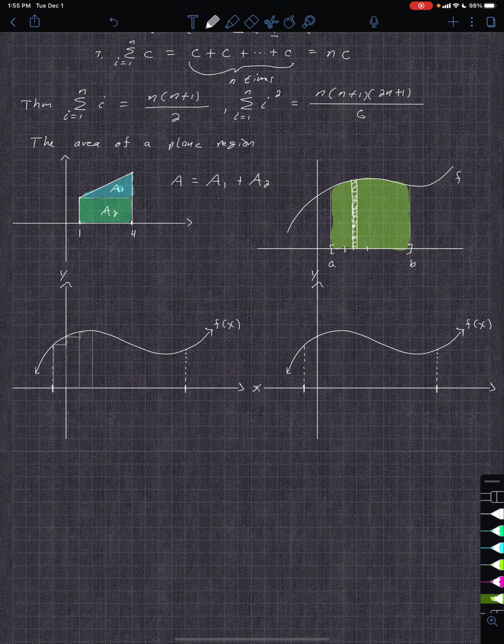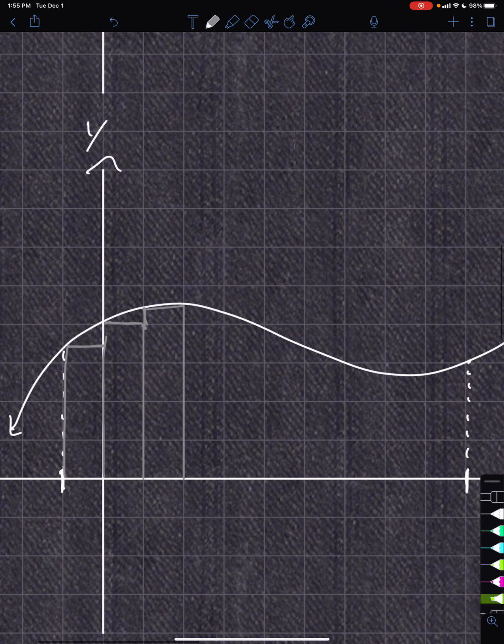Okay, so that's not supposed to slope like that, right there. Okay, so we go up to the top, we draw in these rectangles like this. That's not what I want. Okay, and then up to the next one would be here. And you keep going. Okay, I'm just going to draw these in.